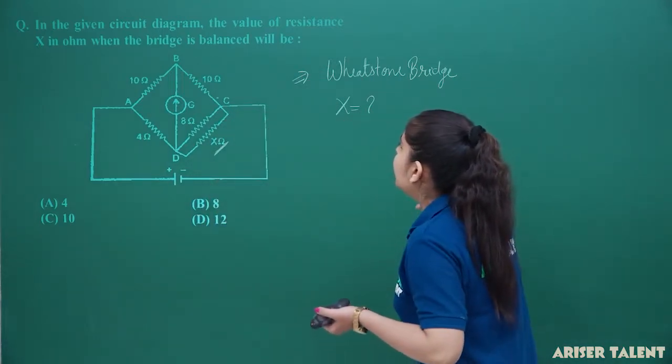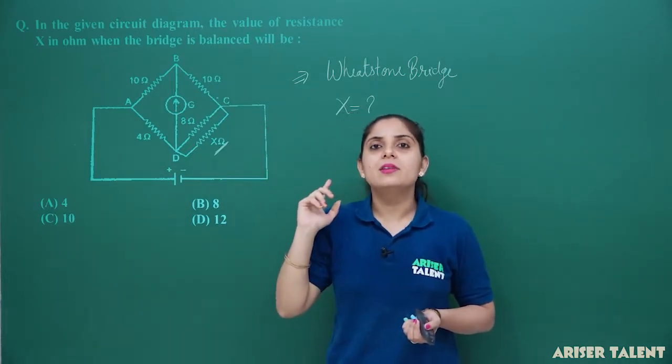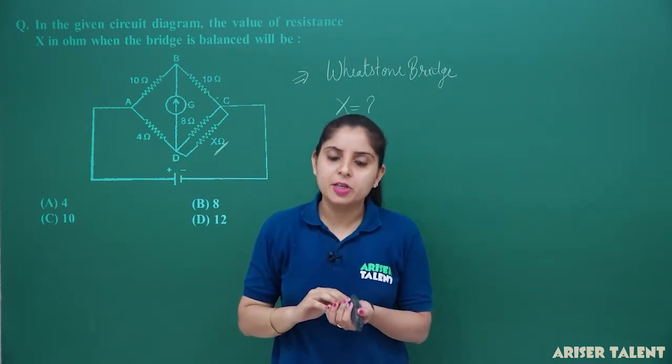Now, in a Wheatstone bridge, the bridge is said to be balanced when the resistances connected in the adjacent arms have equal ratios.